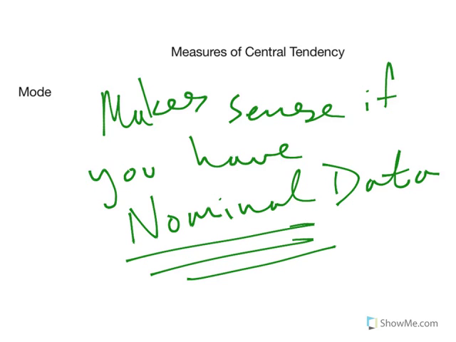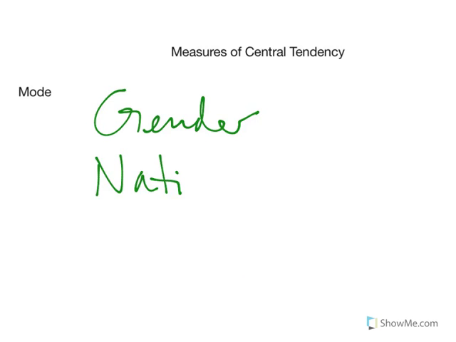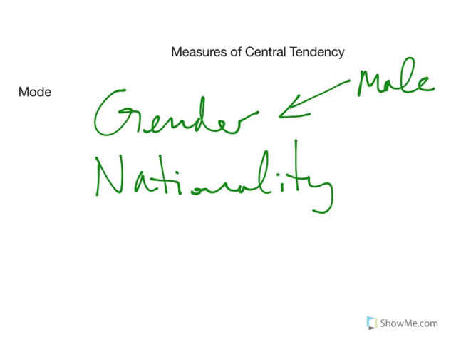So remember, nominal data, right, are things like gender, nationality, etc. So if the modal gender is male, right, in other words, you'd code this, so let's say 1 is male, 2 is female, right, so this is gender.